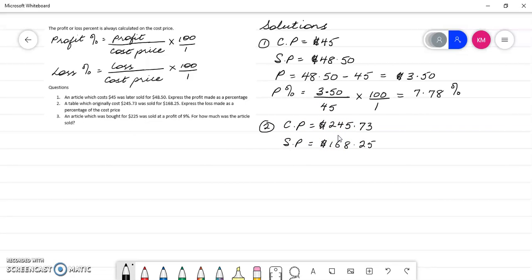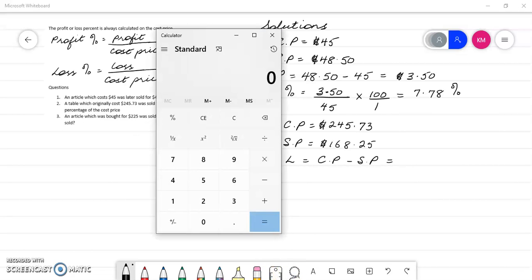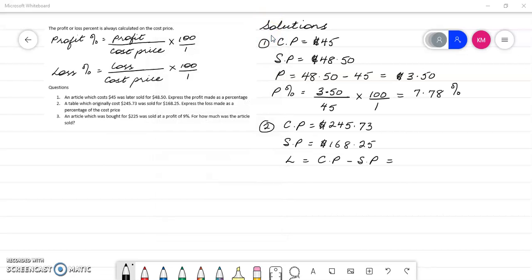So I'm going to calculate my loss, which is your cost price take away your selling price. And that is going to give me 245.73 take away 168.25, $77.48. So now I need to calculate my loss percent, and that is going to be my loss, which is $77.48 over your cost price.